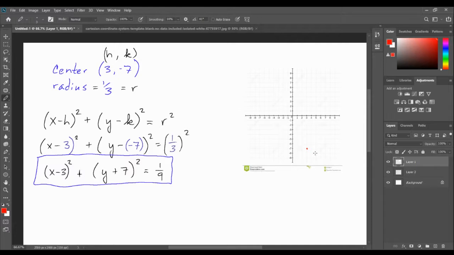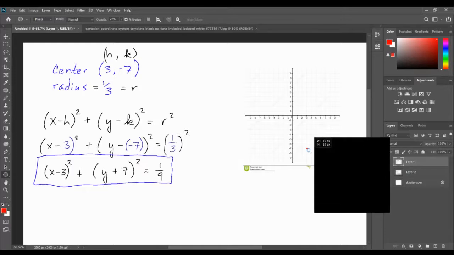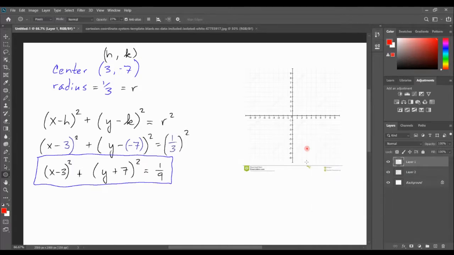The radius was 1/3, so this is going to be a tiny little circle, but I can start there and drag out 1/3. Let's see, why is that not dragging? Drag out 1/3, and there's my circle. It's tiny because the radius was so small. But that would be the circle that fits this particular equation.